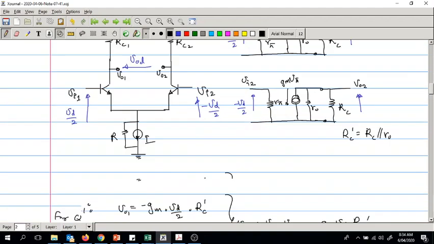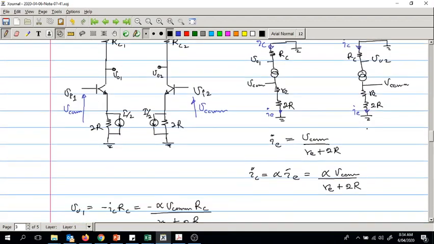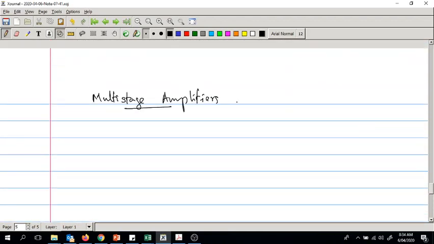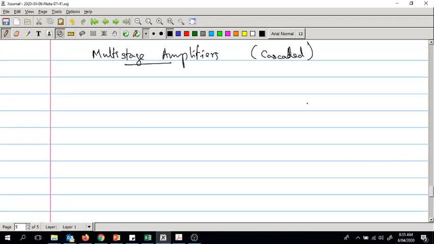Okay. Now let's look at multistage amplifiers, or cascaded amplifiers. Cascaded means the output of one stage is given to the input of the other stage. So let me draw a biasing circuit first. Let me draw an amplifier circuit.